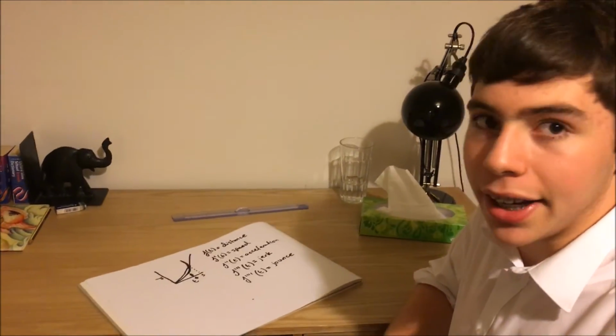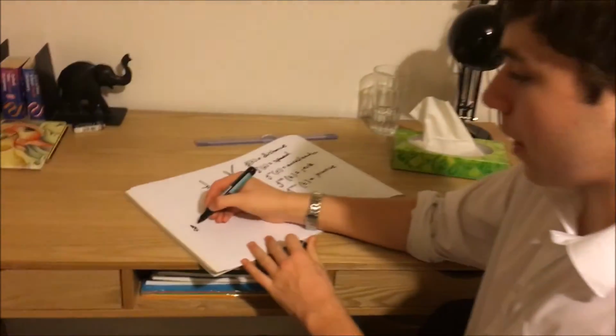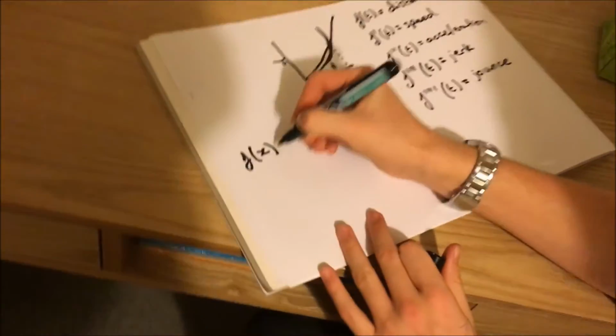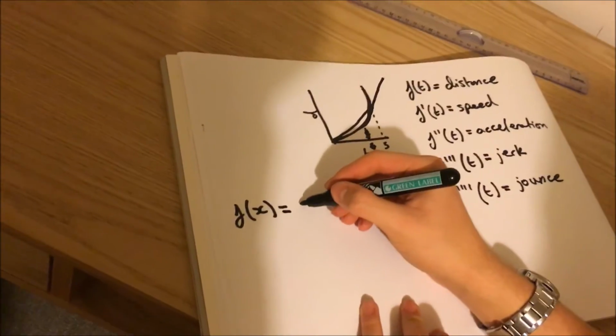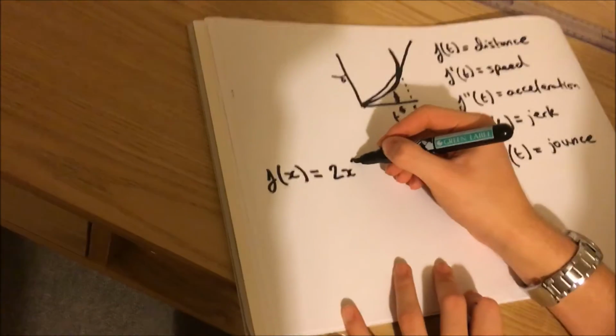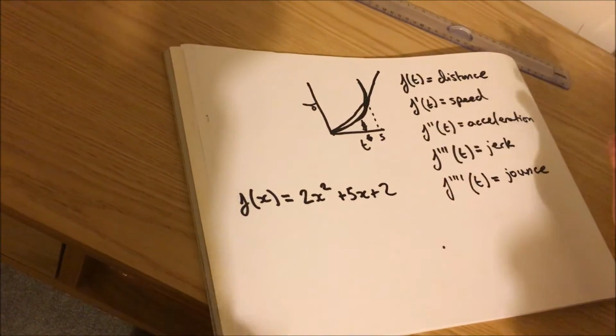I am going to explain how we get each of these derivatives, how we get a derivative of a function. Let's say that our function, f of x, this now has nothing to do with distance and speed, we're just making any function. We'll make it 2x squared plus 5x plus 2. Let's make it a quadratic.